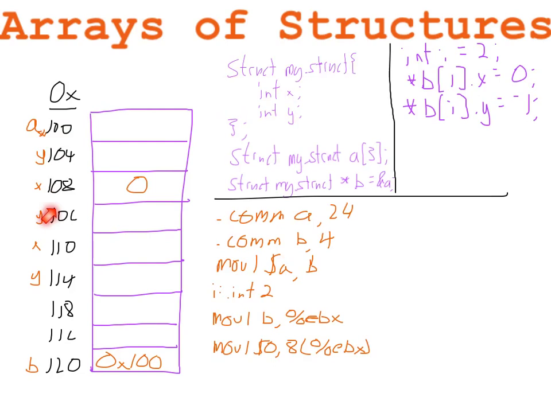And remember, we set the first element of our structure array, sub-element x equal to 0, which is indicated at that position. And finally, because this is a structure array of length 3, we have a 0, 1, 2 structure, which is indicated starting at address 110, with y starting at 114 and ending at address 117.